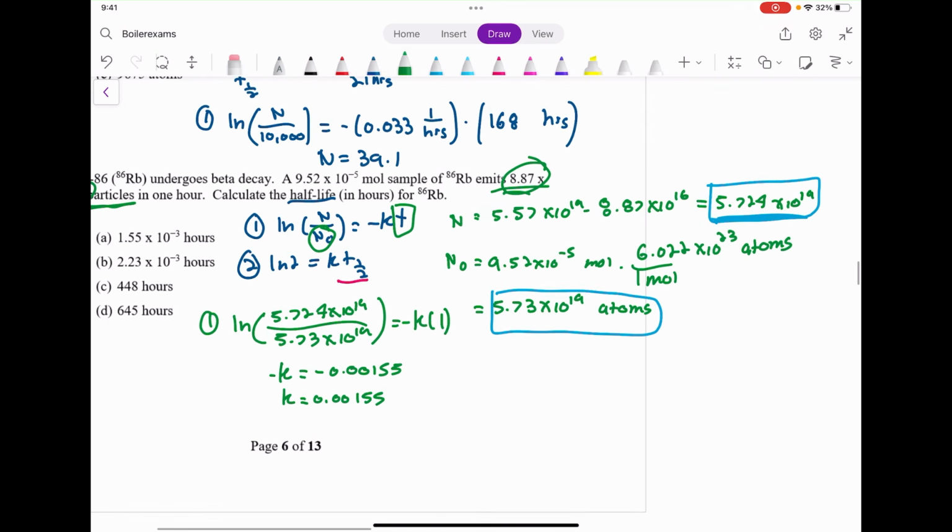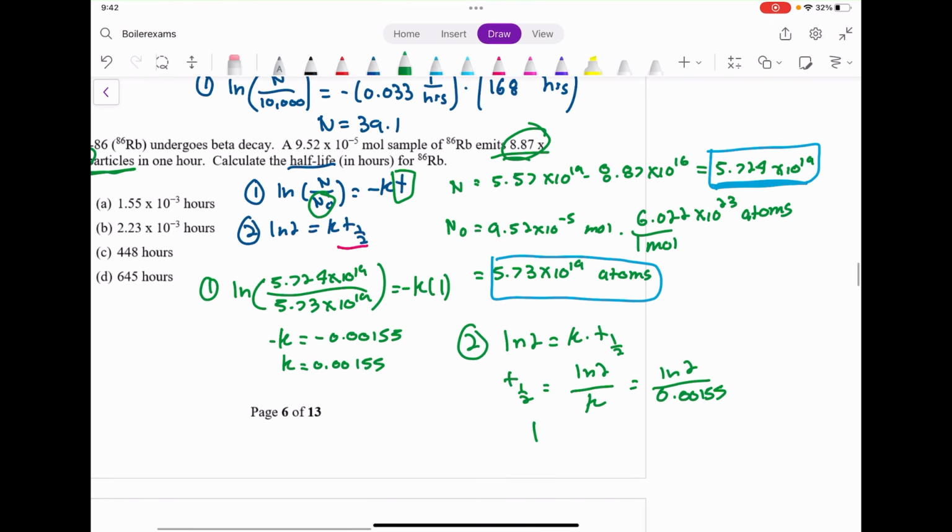Now let's solve equation 2. They want the half-life. The natural log of 2 is equal to k times the half-life. So if I want the half-life, I can just do natural log of 2 over k, which is equal to the natural log of 2 over 0.00155. Natural log of 2 divided by that number, I get t half is equal to 0.7, and the units are hours.